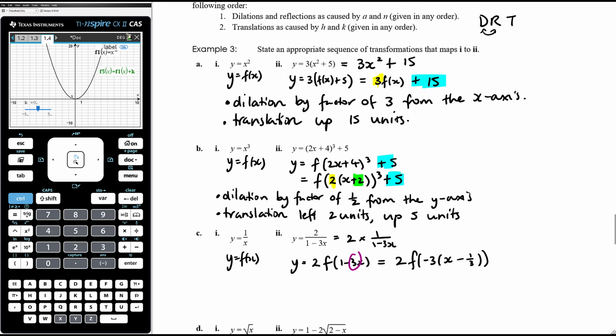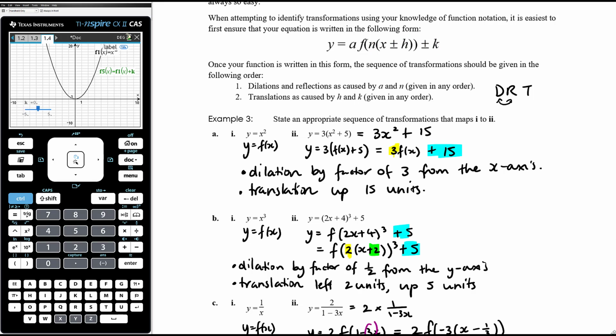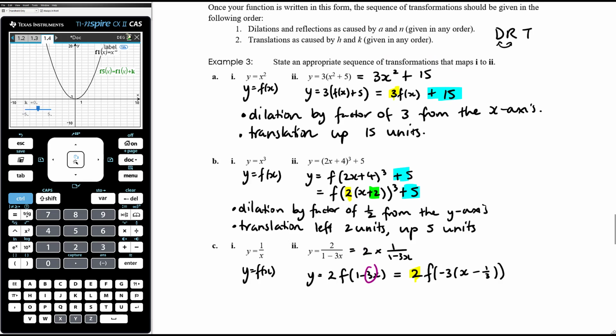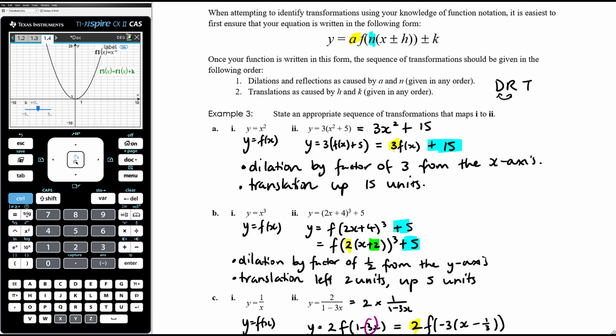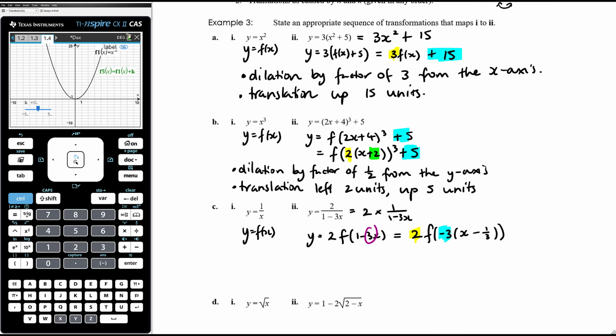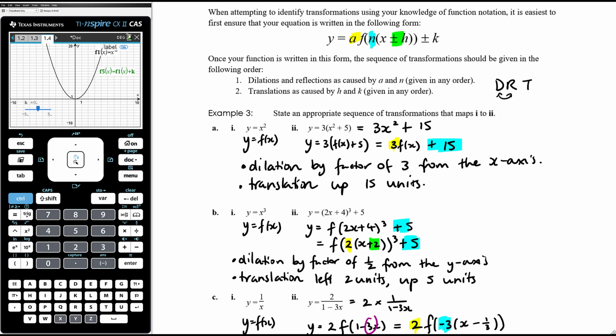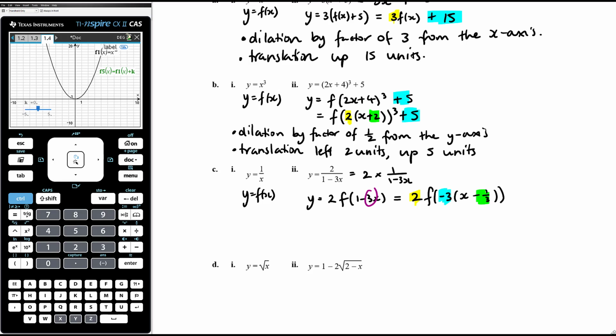This time we have an a value out the front, which is 2. We have an n value as well, which is negative 3, so there's both a reflection and a dilation there. And we have an h value in here, which is minus a third. So we have our read of our dilations and reflections first.